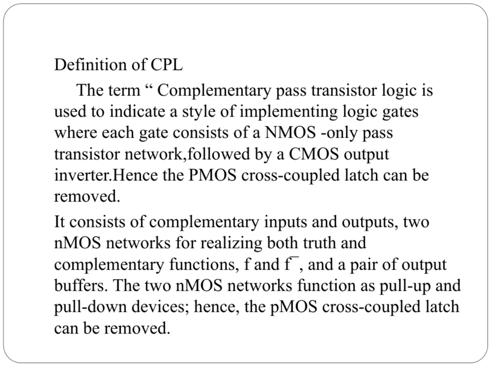What's important here is that CPL uses complementary inputs and outputs, along with two NMOS networks that realize both a function and its complement, F and F bar. These two NMOS networks act as pull-up and pull-down devices, effectively replacing the role of the PMOS latch. This configuration allows for more efficient gate designs by simplifying the circuit and potentially improving performance.